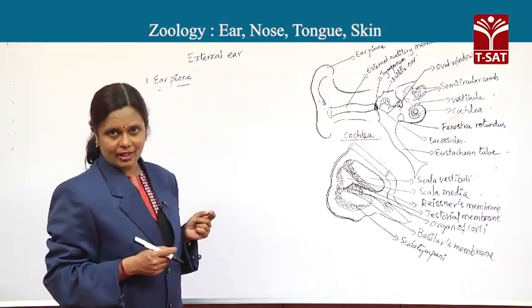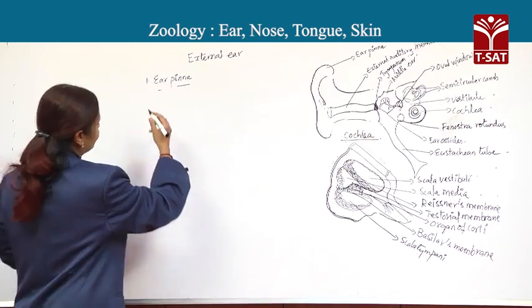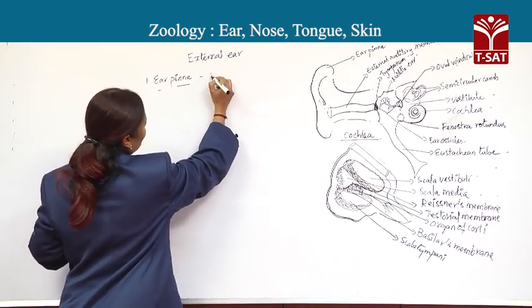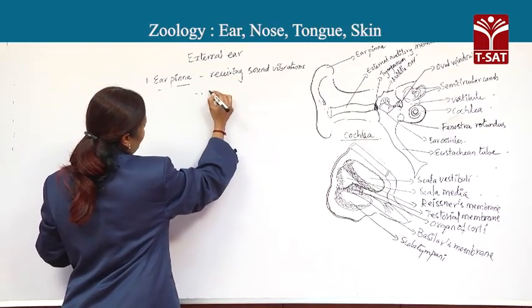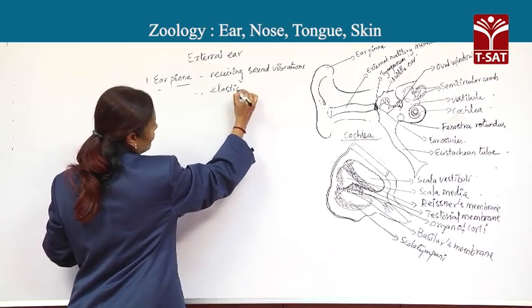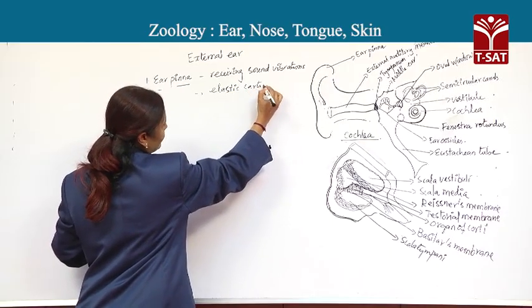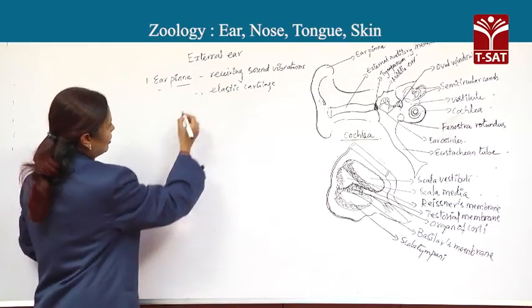It is made of elastic cartilage, a flap of elastic cartilage, and it is covered by skin.